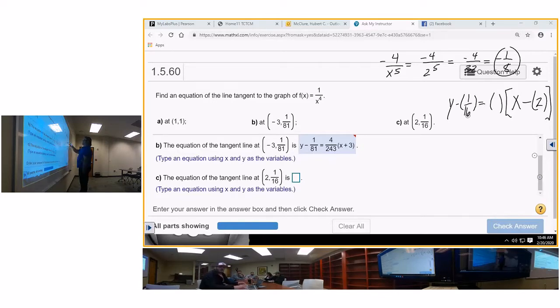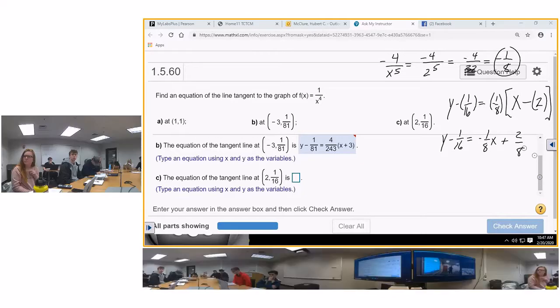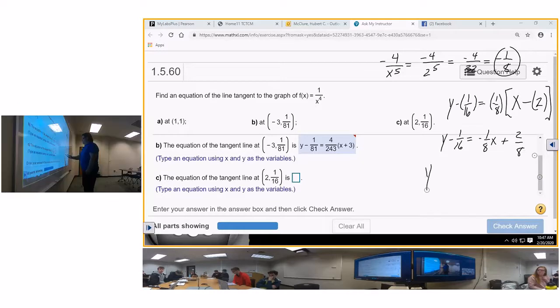And I put a negative 1/8 right here. y minus 1/16 is equal to negative 1/8 x plus 2/8.